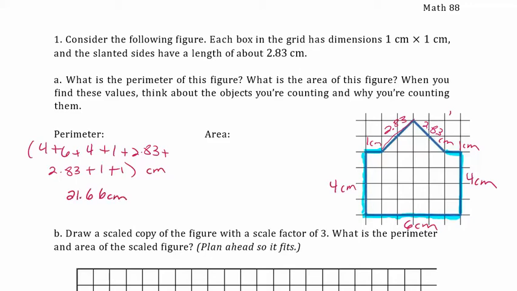All right, now we want to find the area. So now what we're counting are the number of squares. So this square is 1. Right? That's 1 square centimeter. So let's count these up here. 2, 3, 4, 5, 6, 7, 8, 9, 10, 11, 12, 13, 14, 15, 16, 17, 18, 19, 20, 21, 22, 23, 24.